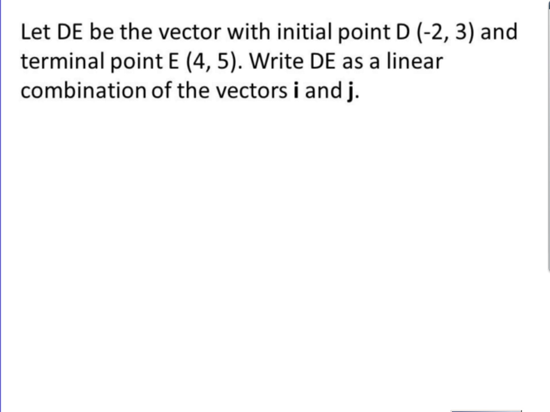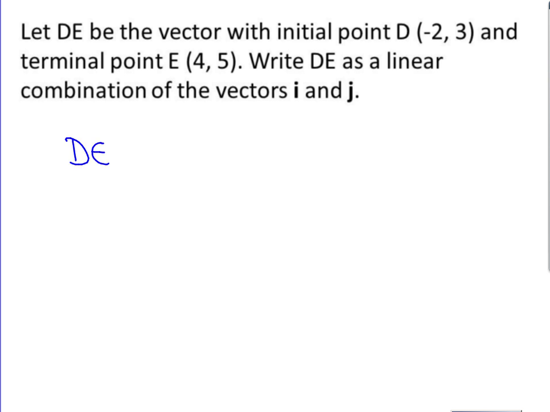Let DE be the vector with initial point D at (-2, 3) and terminal point E at (4, 5). We need to write DE as a linear combination of the vectors i and j. To do this, we're going to write this in component form.